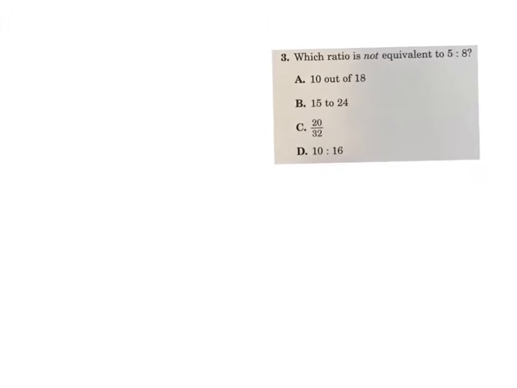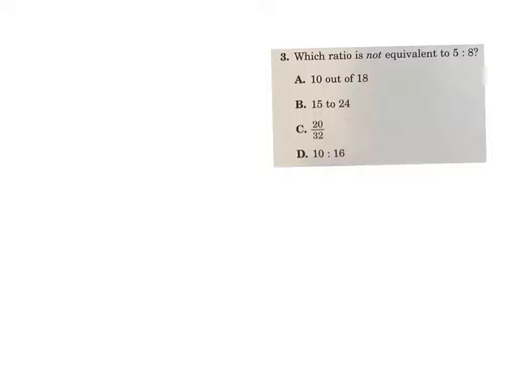Number 3. Which ratio is not equivalent to 5 to 8? Okay, I'm going to set this up as a fraction. 5 to 8. And I'm going to see which one is not. So let's see if 10 out of 18. Now how do I get from 5 to 10? Times 2.